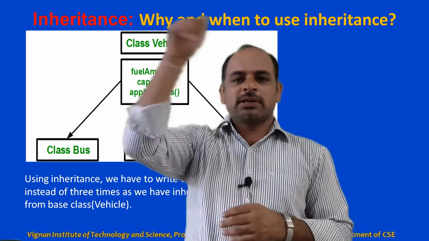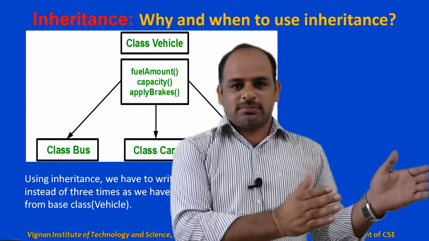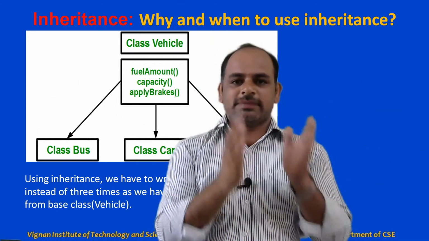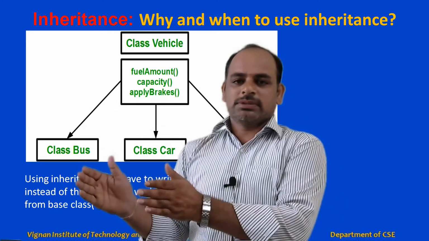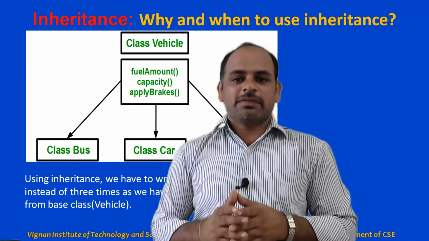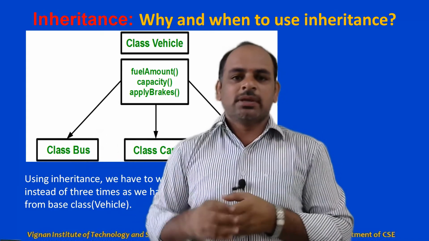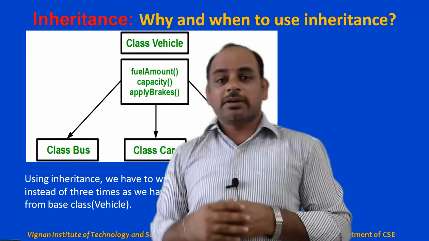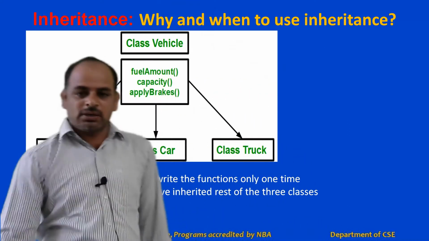So you can declare a parent class for the student, and create a class for ECE student, a class for CSC student, and a class for civil student, because the subjects are different. The subject concepts you can add in the subclasses, but the common properties you can inherit from the student class. That is how reusability will increase.